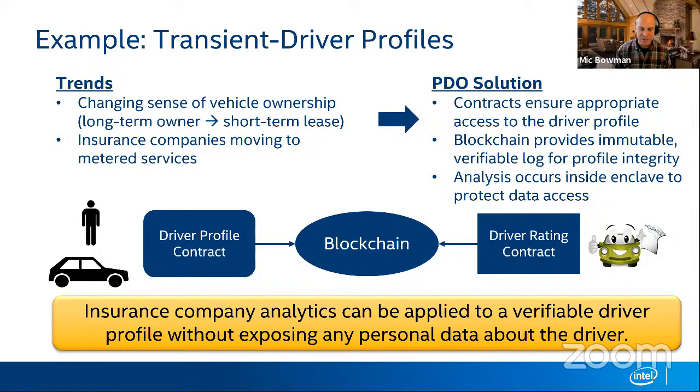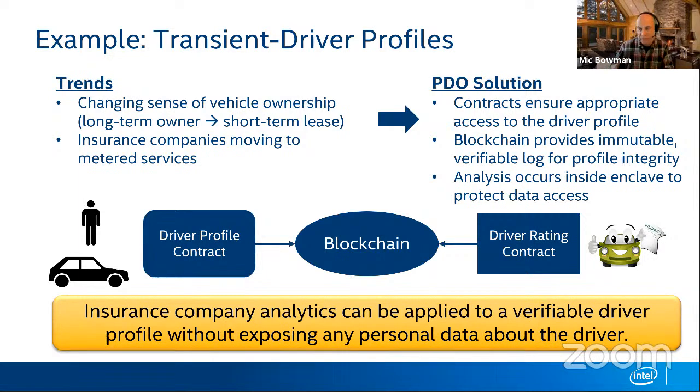So the idea behind the transient driver profile, remember, is that we wanted to create that trusted third party that enforced the rules of computing the contract. And so what we'd like to be able to do is to move all of that information into a private data object that can actually do the computation. So we create a PDO for the driver profile that gives us a way of verifying the integrity of the profile.